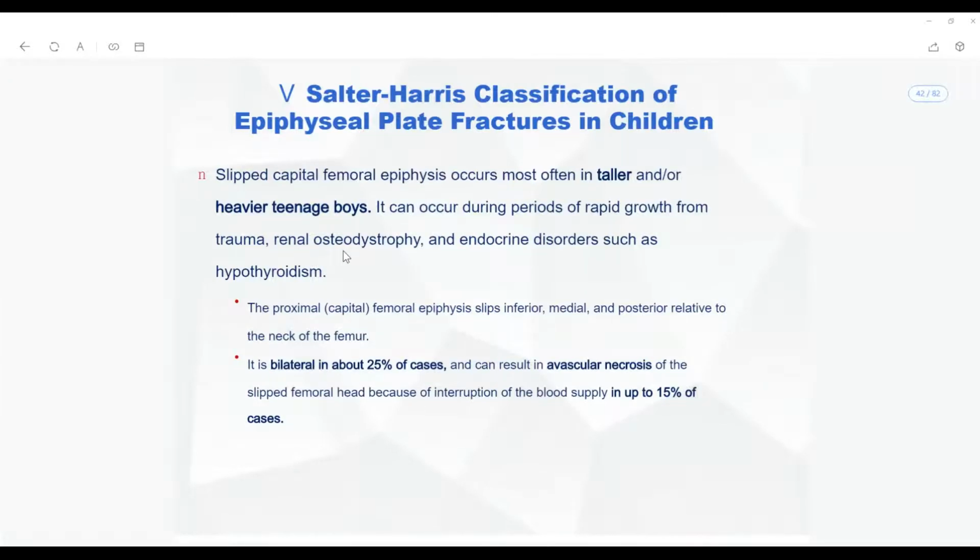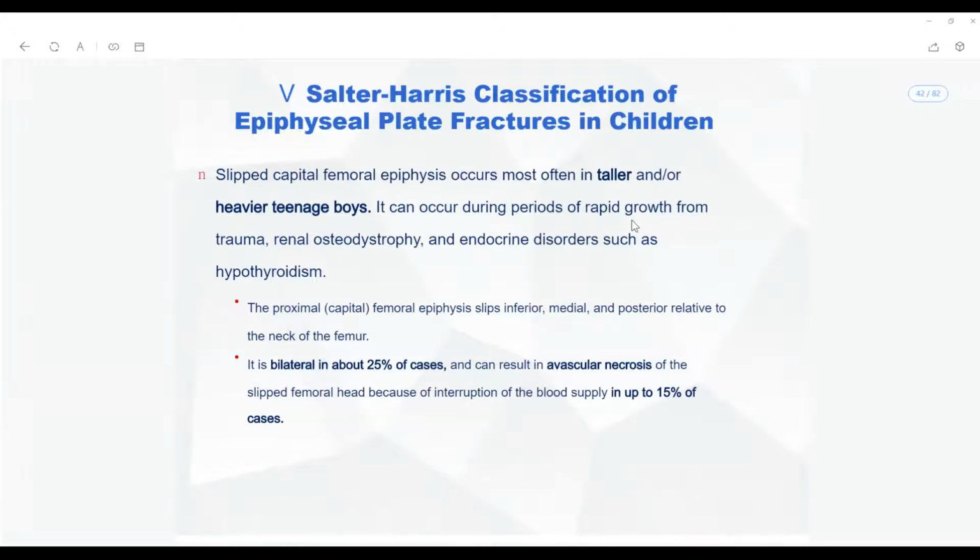It can also be related to osteodystrophy of the kidneys, called renal osteodystrophy, where calcium metabolism is responsible, and also to endocrine thyroid disorders, which also control the calcium levels of the body. So Salter-Harris type 1 causes slipped capital femoral epiphysis fractures, seen mostly in heavier teenage boys during the rapid growth period.